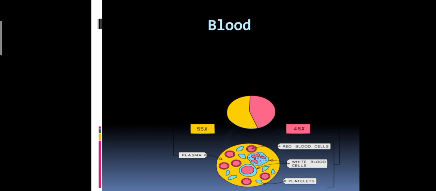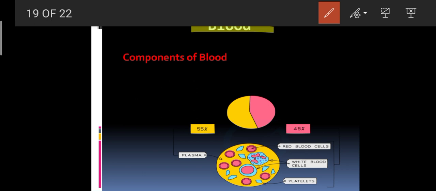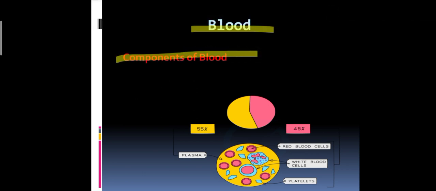Now we will discuss the blood. Firstly, we will talk about the components of the blood. Blood is divided into plasma and some cells, which are known as red blood cells, white blood cells and platelets.